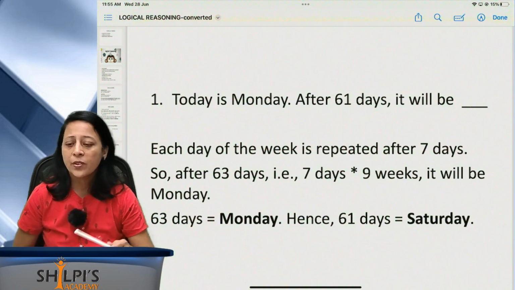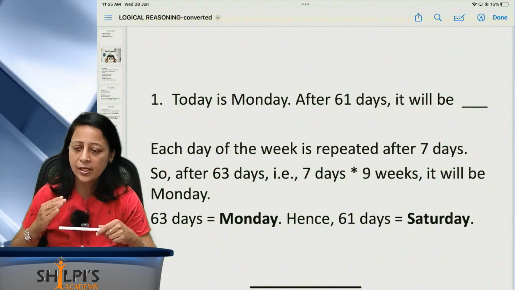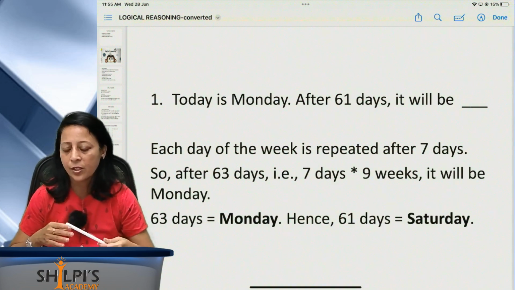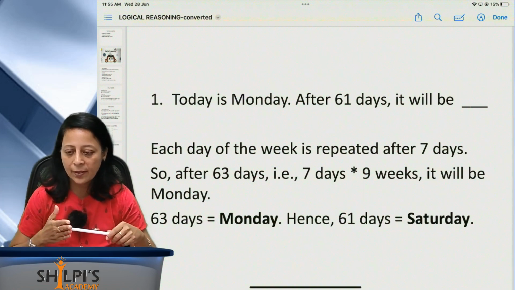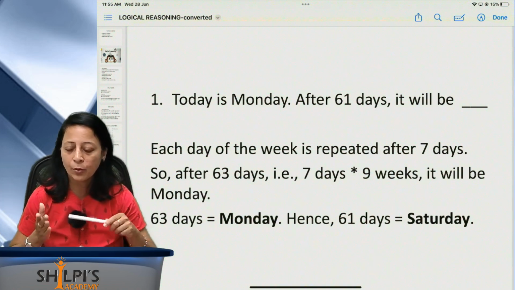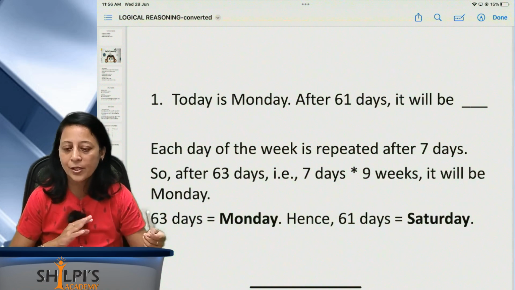We know that every week has 7 days, and these 7 days are going to be repeated after every 7 days. When we consider from day 1, a week has 7 days, then 7 plus 7, 14 days, then 21, 28, 35, all divisible by 7, right?